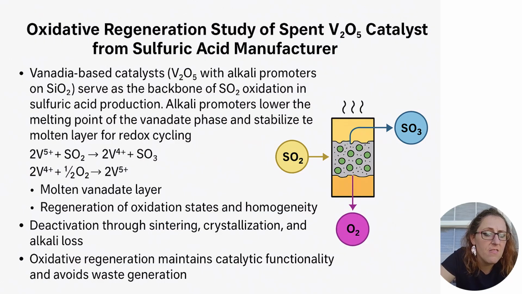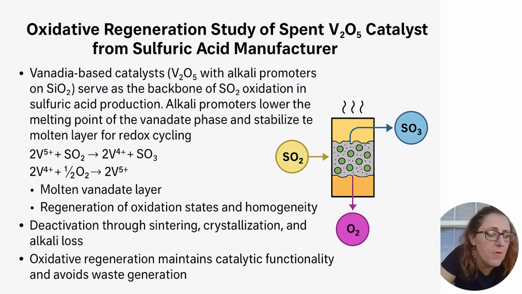Vanadium-based catalysts, vanadium pentoxide with alkali promoters on silica (SiO2), serve as the backbone of sulfur dioxide oxidation in the contact process for sulfuric acid production. Typically, these catalysts consist of 4 to 10% vanadium pentoxide combined with promoter compounds such as potassium, sodium, or cesium oxides/sulfates supported on silica.